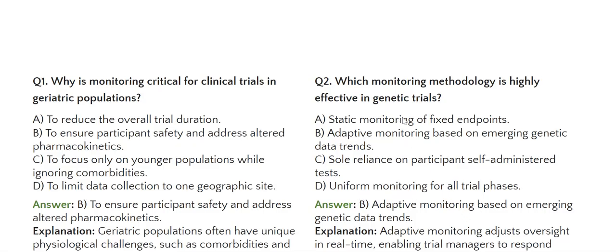So it is B, adaptive monitoring based on emerging genetic data trends. Adaptive monitoring adjusts oversight in real time, enabling trial managers to respond effectively to genetic data trends like changes in mutation profiles or biomarker responses.